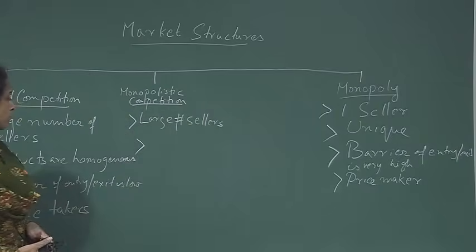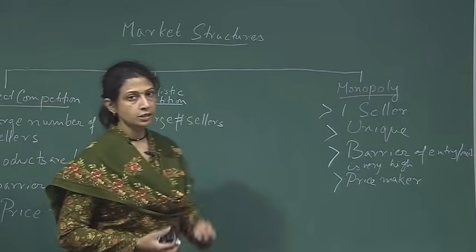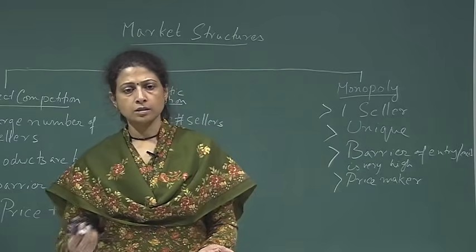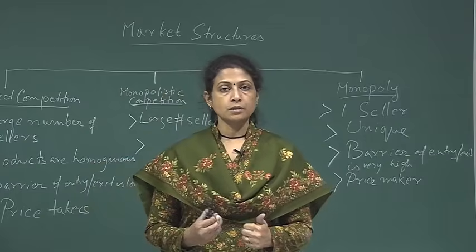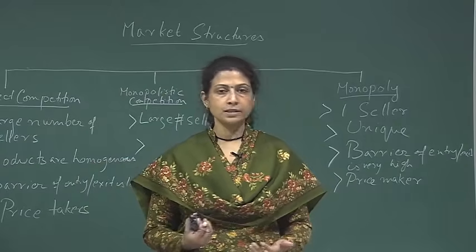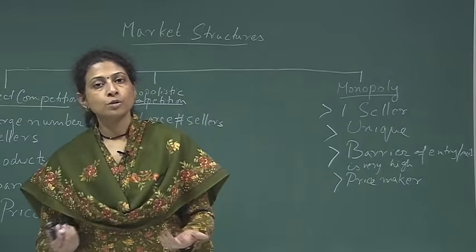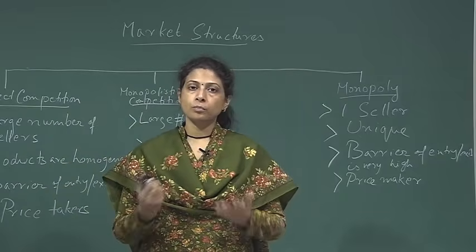How is it different from perfect competition? Products are not homogeneous, although there are a large number of sellers who are selling this product. Products are not homogeneous, but they are very similar to each other. To give an example, say FMCG products, for example toothpaste. There can be a whole lot of companies producing toothpaste.